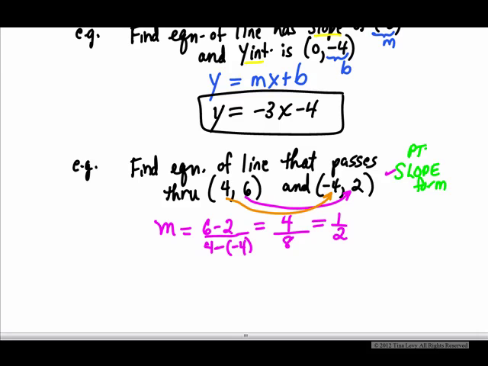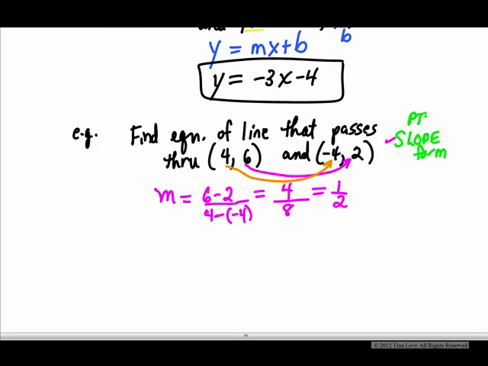And now we're ready to do the point-slope form. We can choose either of the points. We're now going to use the point-slope form, and I write it like this. Y minus the y value is slope x minus the x value. And we'll be substituting in values.